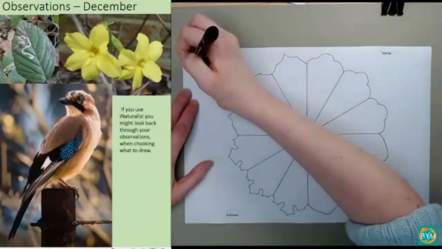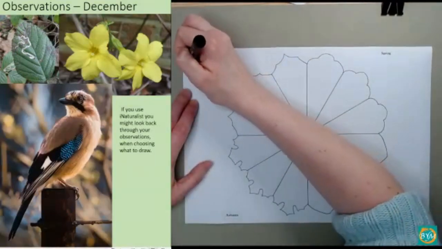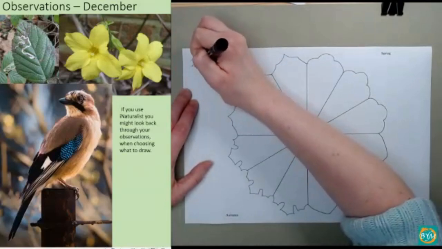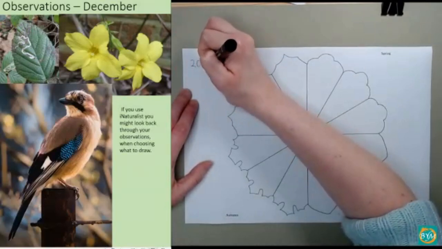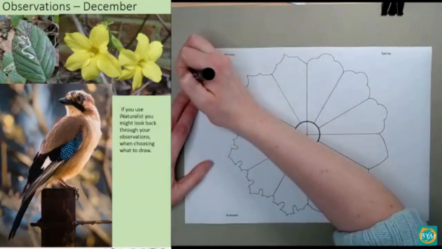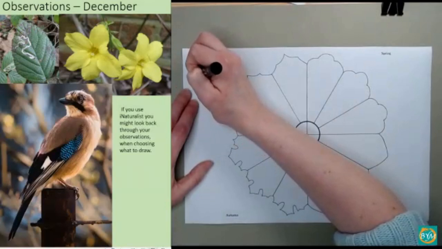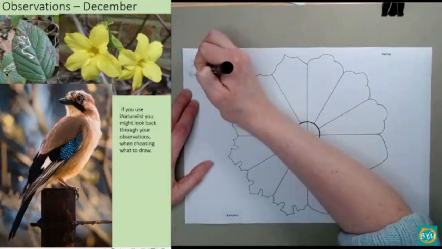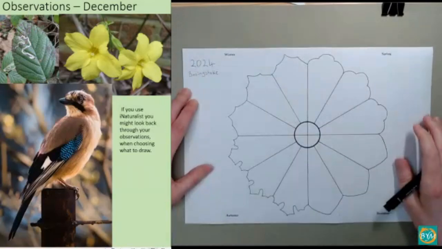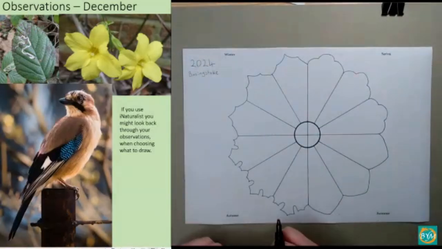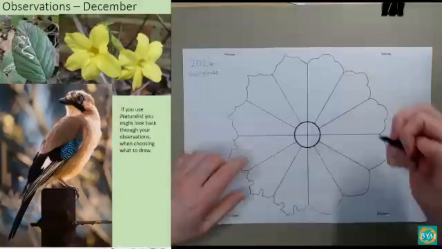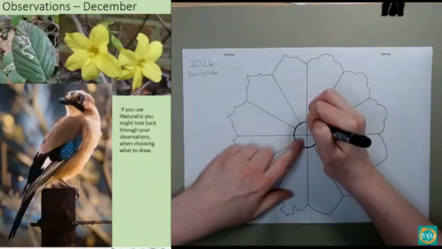But just so we've got something, let's say we're going to do 2024. And then this is going to be observations in Basingstoke. So you've got title, subtitle, and then we can go in and have a look at what's going on in here. So we've got spring.